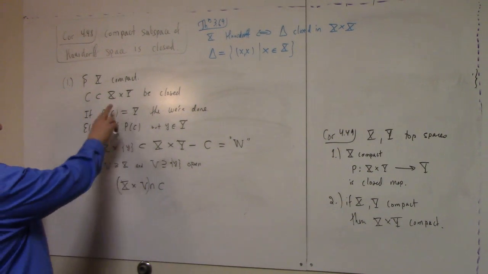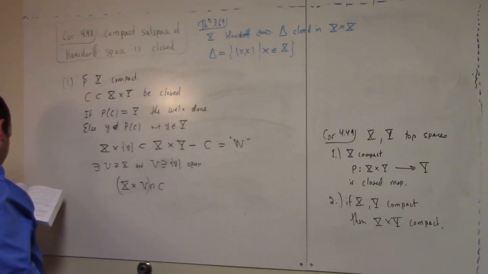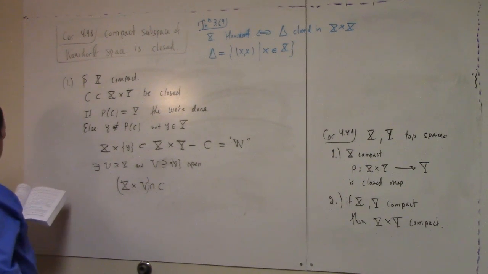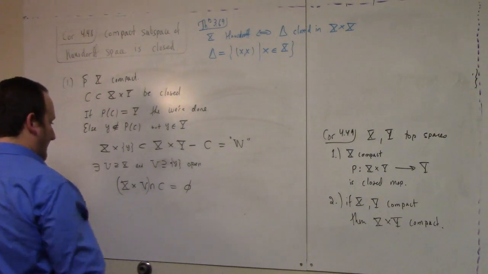C is something in the Cartesian product, right? So I have to take the intersection with similar objects of similar type. In particular, X cross V fits the bill. And this is what? Okay.